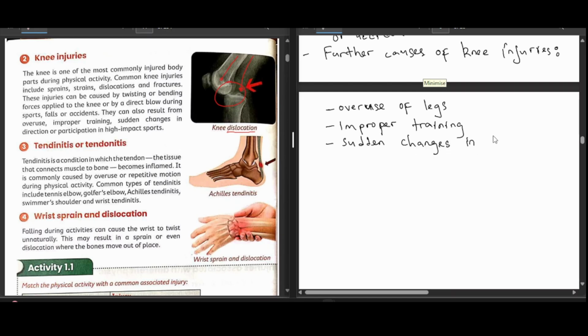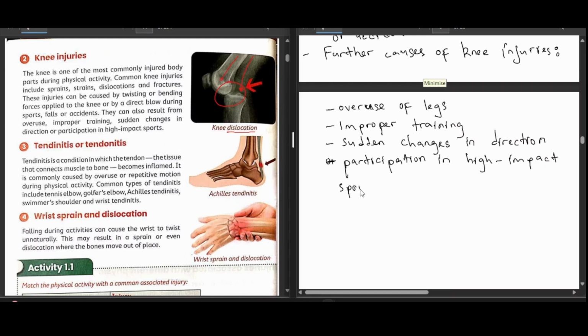Sudden changes in direction can cause stress on the knee area. Another point is participation in high impact sports. What are high impact sports? For example, rugby is a high impact sport.